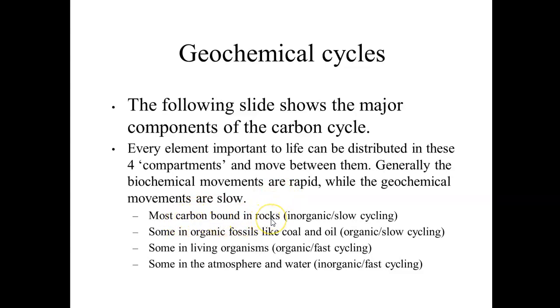It is in the lithosphere, and that is inorganic, and that stuff is very slow to move. Think about limestone, think about marble. Even granite has some carbon in it, but the sedimentary rocks are rich in carbon because of calcium carbonate. And that's an inorganic, slow cycling portion.